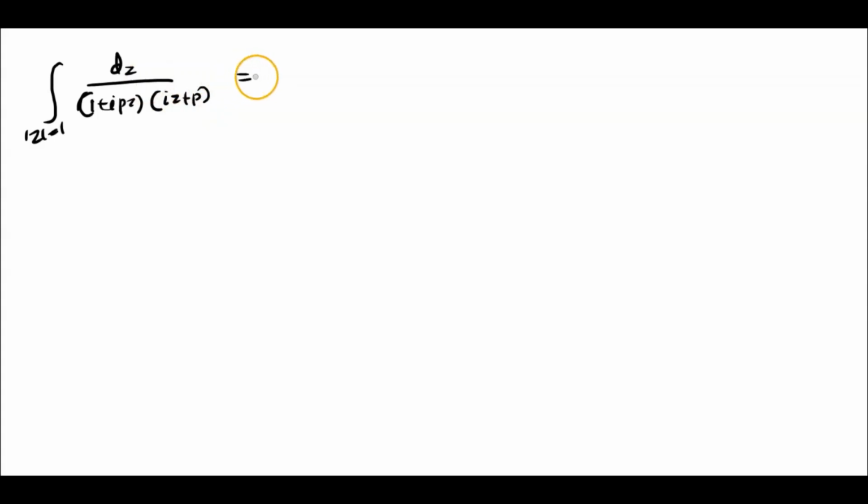By the residue theorem, this is equal to 2 pi i into the sum of the residues inside the circle. So residue at z equal to the singularity of f of z, and the sum of the residues at the singularities. Here we have two simple poles, z is equal to i by p and z is equal to ip. These are simple poles of the function f of z, i by p and ip.